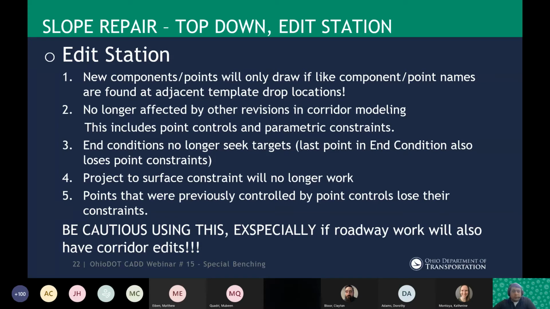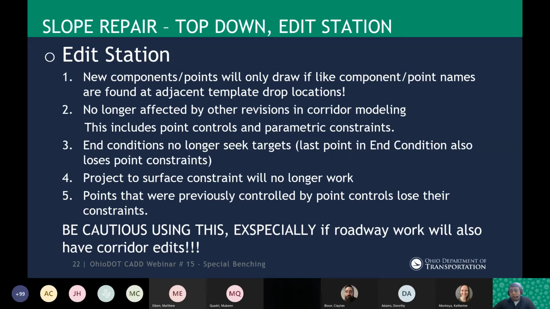The problem is that once you go to edit station, it overrides a lot of things. For starters, if you try to add a new component in, it won't be able to draw that in. You won't see it unless your adjacent drop locations also have those new components because it won't know how to connect the points together.